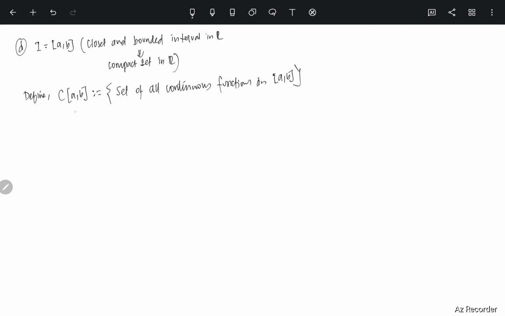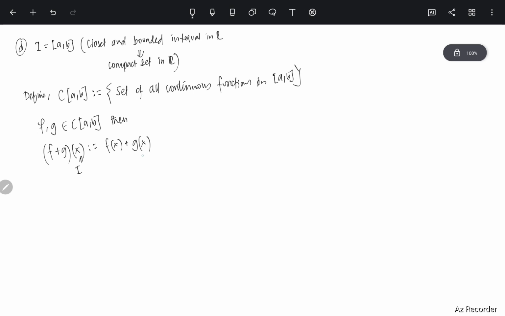And what are the addition and the multiplication? If you start with two elements f and g in C[a, b], then the addition f plus g is defined like this, where x is from I: (f + g)(x) = f(x) + g(x).